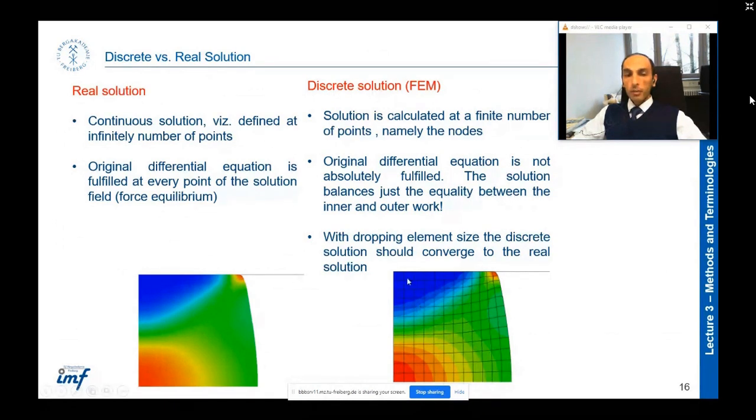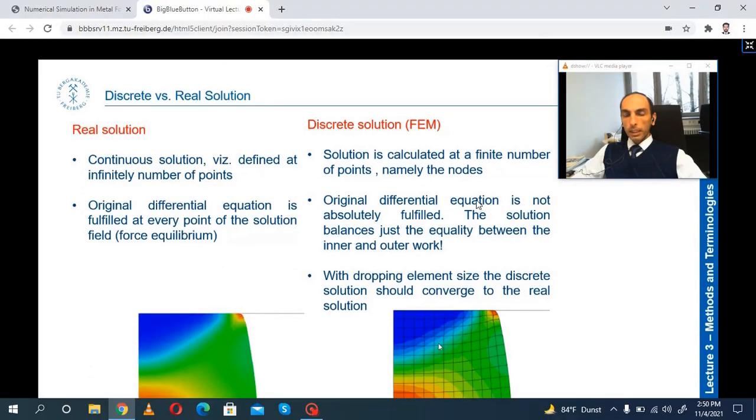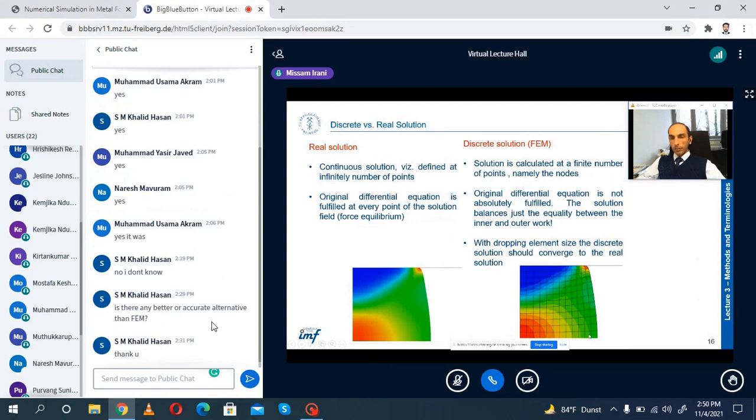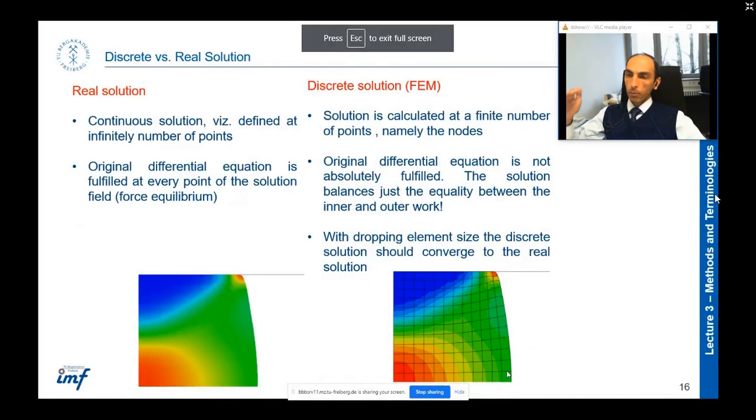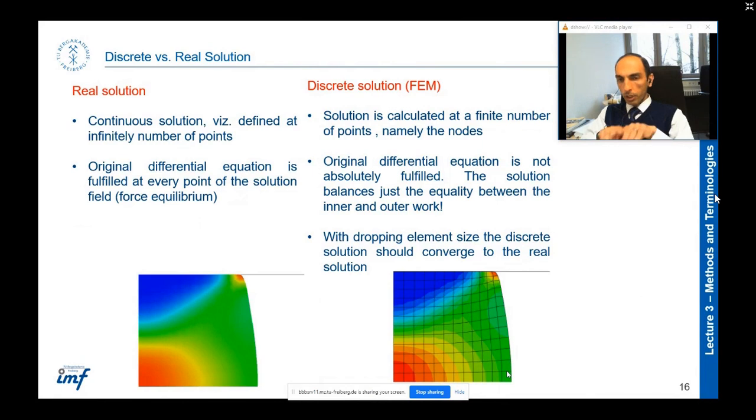And if you start to increase the number of elements or to decrease the size of the elements in the mesh, imagine that this is the reality. So your answer, of course, converges to the reality. It improves more and more, and it becomes more similar to the reality by increasing the number of mesh elements. But you should remember that increasing the number of mesh elements means increasing the calculation time.